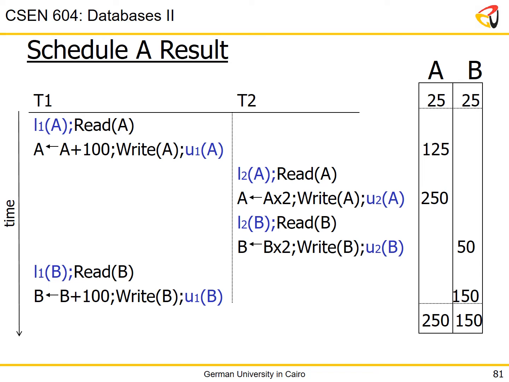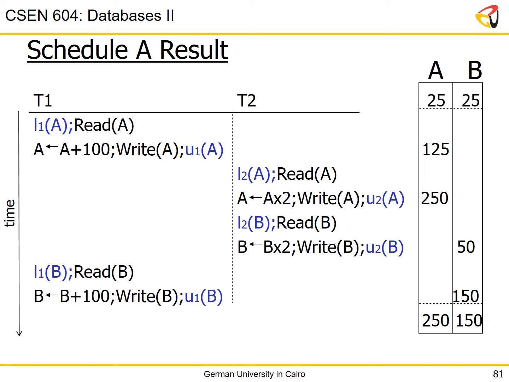The reason why this happened, because if you look at T1, when it starts running, it updated the A by adding 100, but then the adding of the 100 to the B was postponed after T2 is running.